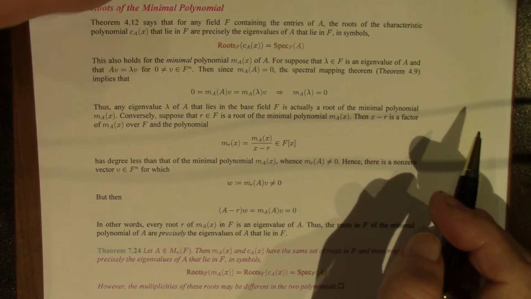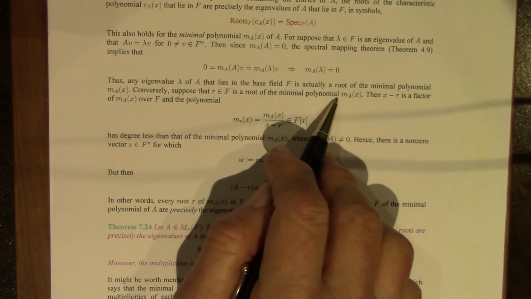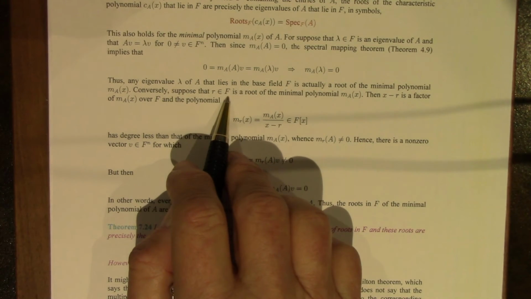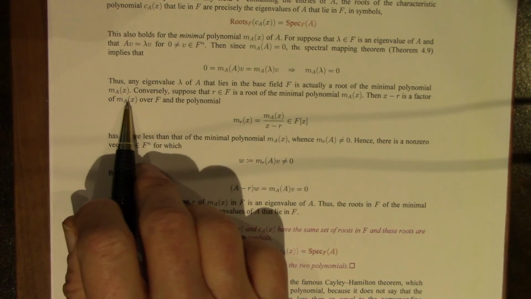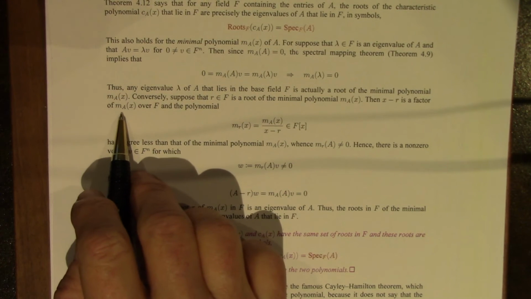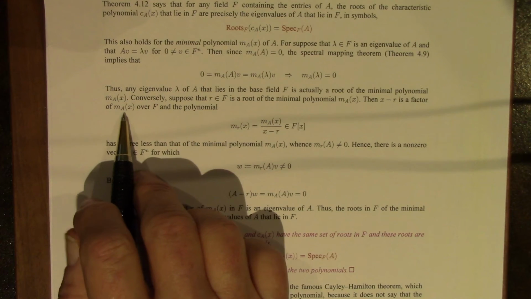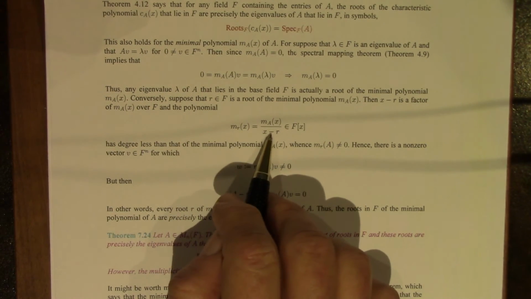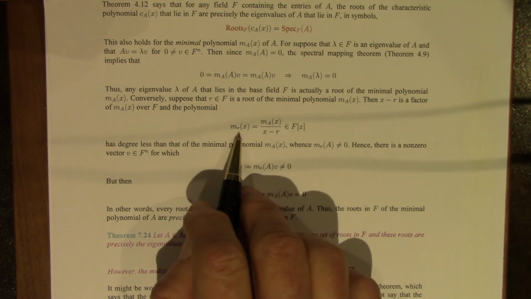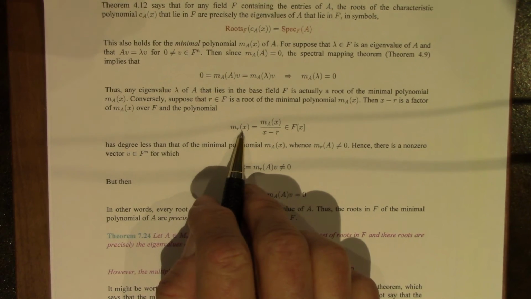For the converse, suppose that we have a root of the minimal polynomial that lies in F. Then call it r. Then x minus r is a factor of the minimal polynomial over F. And so we can divide by x minus r, get another polynomial which I called m_tau of x.